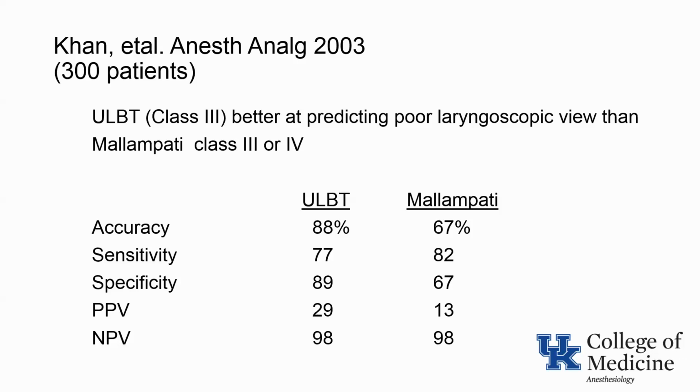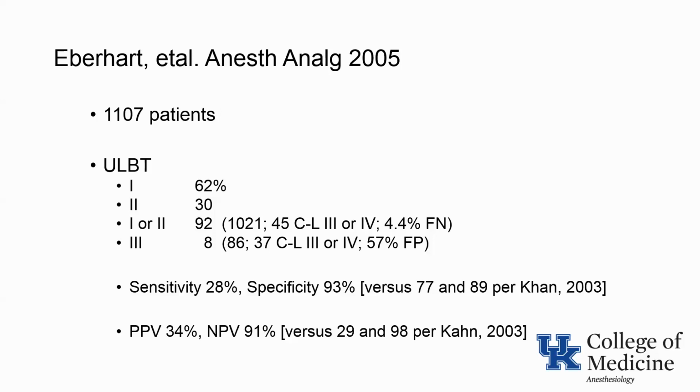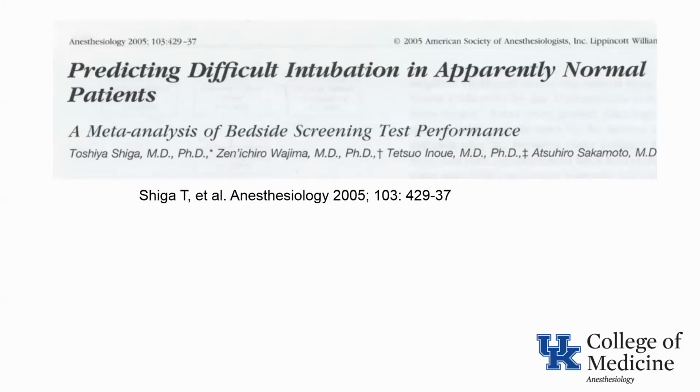This was Khan's results in terms of the upper lip bite test, comparing it with Mallampati. And this was a follow-up study by Eberhardt evaluating the upper lip bite test. Not quite as good as the person who described the test.